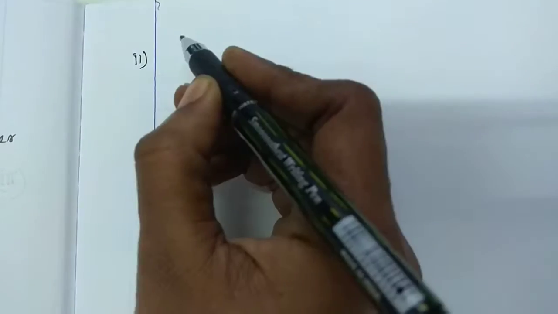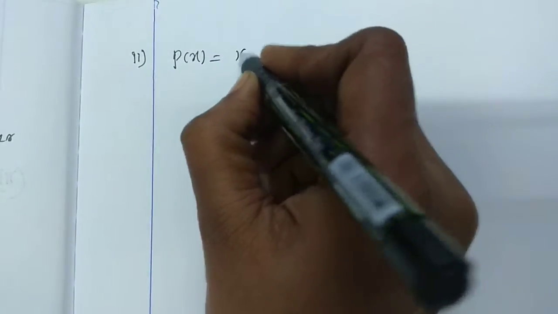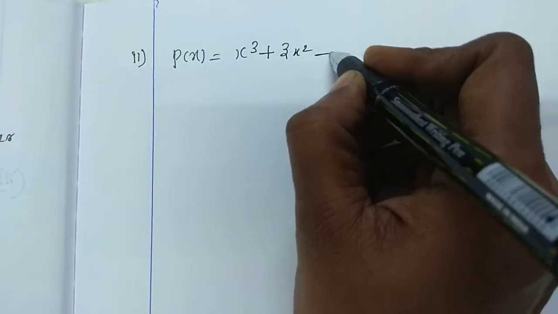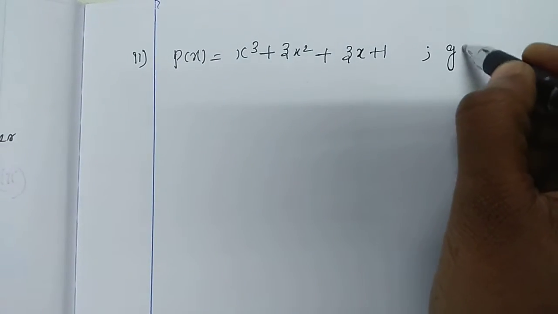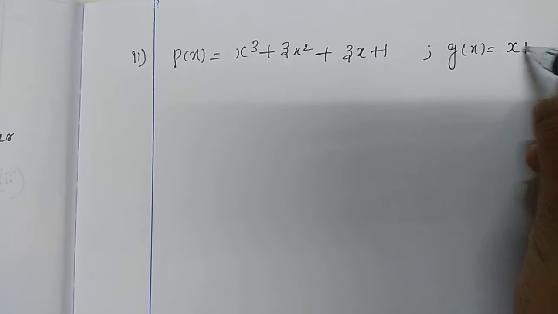So division number 2, our p of x polynomial is equal to x cube plus 3x square plus 3x plus 1. G of x is equal to x plus 2.